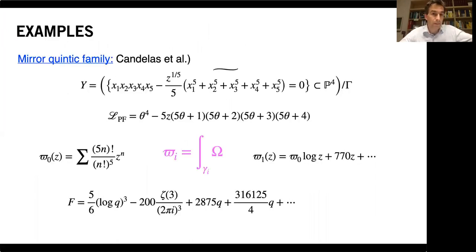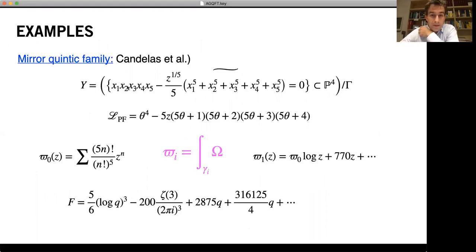So there is the mirror quintic, which many of you will have seen. That's just the Picard-Fuchs operator, where theta is z d/dz. I had to write the differential equation satisfied by the periods. You get this prepotential integration constant, and then you have these coefficients.